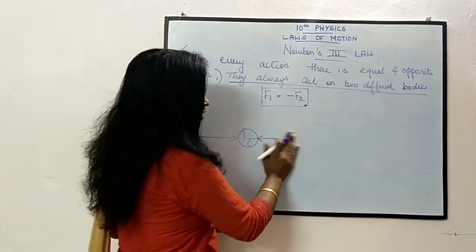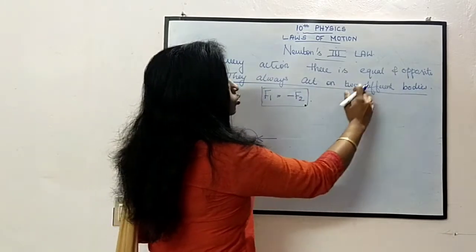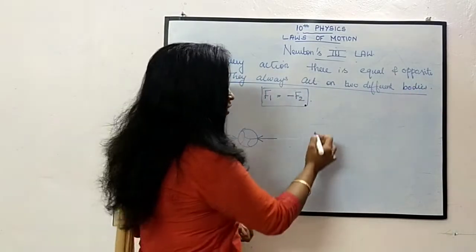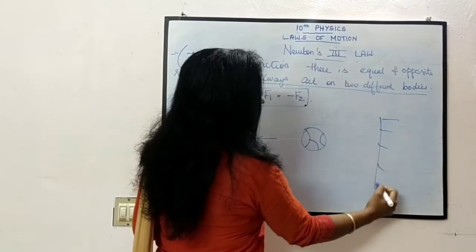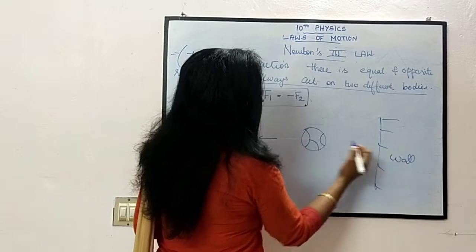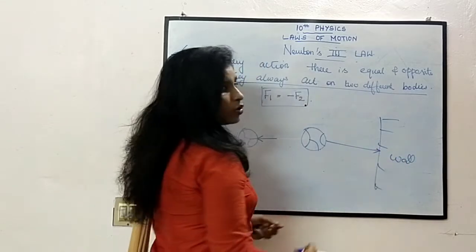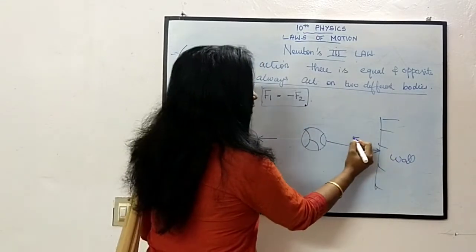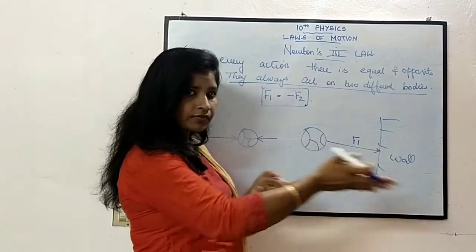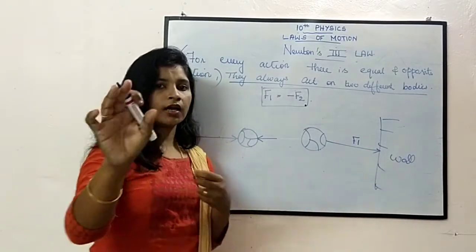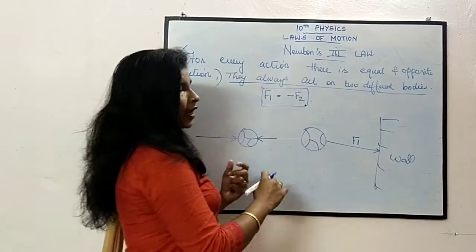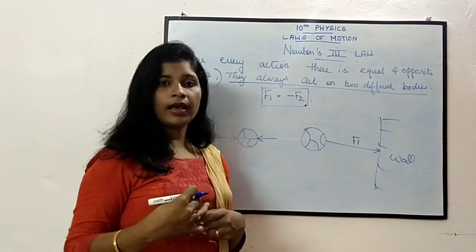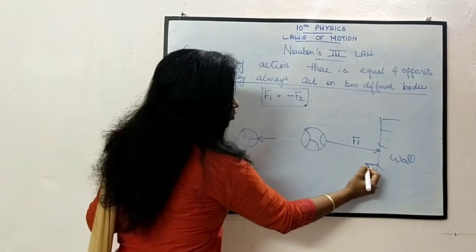What he is saying is, they always act on two different bodies. Suppose this is a ball and this is a wall. The ball will exert a force on the wall. Let the force be F1. Because of this action, the wall will definitely exert a force on the ball.